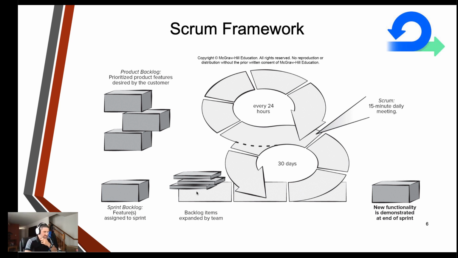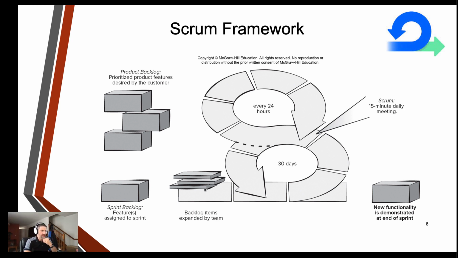So here you can see that we have something called a product backlog, and I'm going to go a lot more into Scrum in class in our video there. So this is just a brief overview, but we have a product backlog which is going to prioritize product features desired by the customer. This is basically just a list of tasks that need to be done. And then we have a sprint backlog, which is the backlog that's going to be used for that particular sprint.